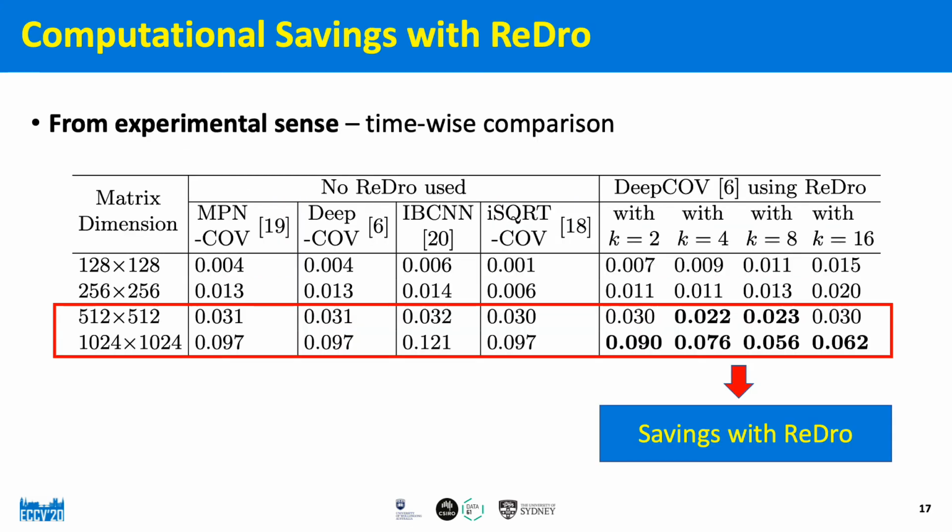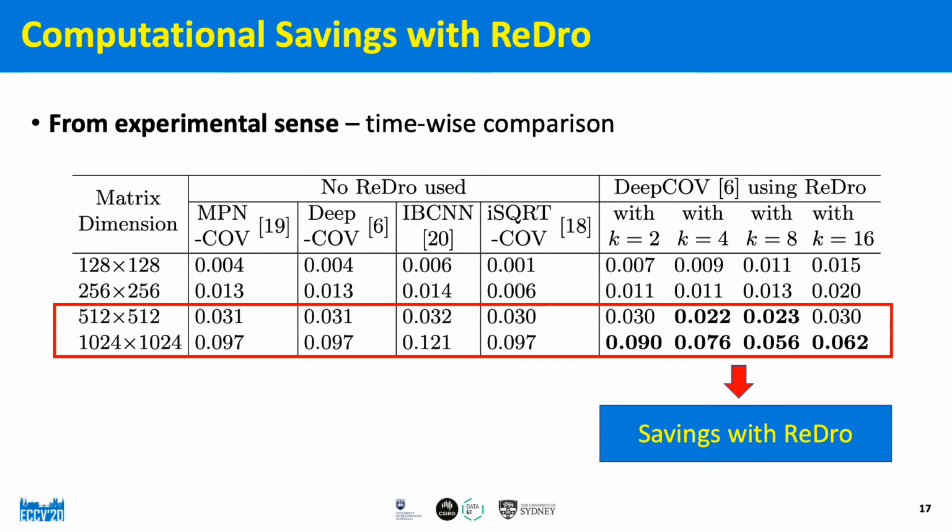In our first experiment, we investigate the computational time for covariance estimation and matrix normalization by using or not using the proposed ReDro scheme. The four methods to the left represent the case not using ReDro. The case using ReDro is implemented upon deep O2P with various k.